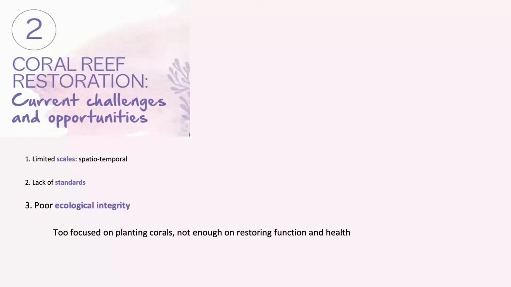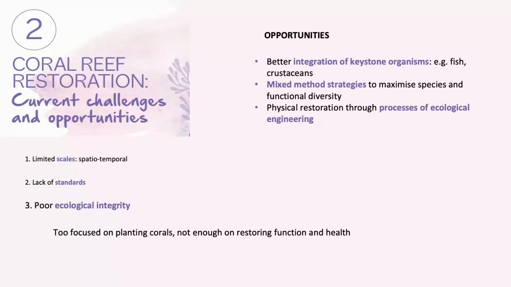So some of the opportunities there look like better integration of keystone organisms, for example, fish or crustaceans. For example, some of the projects looking at macroalgae removal for coral restoration found that they got much better results when they were also either protecting the herbivores to help the macroalgae not come back, or even adding sea urchins to help keep the macroalgae down.